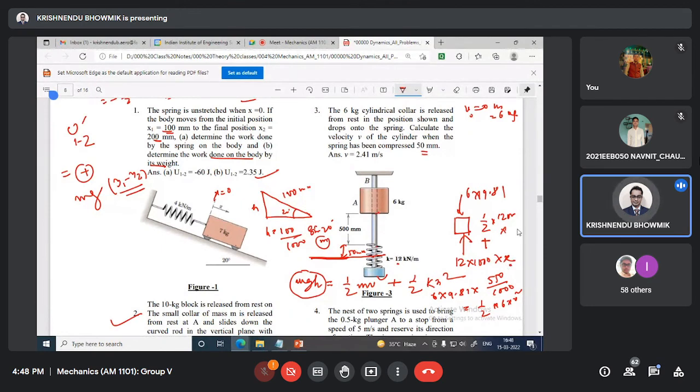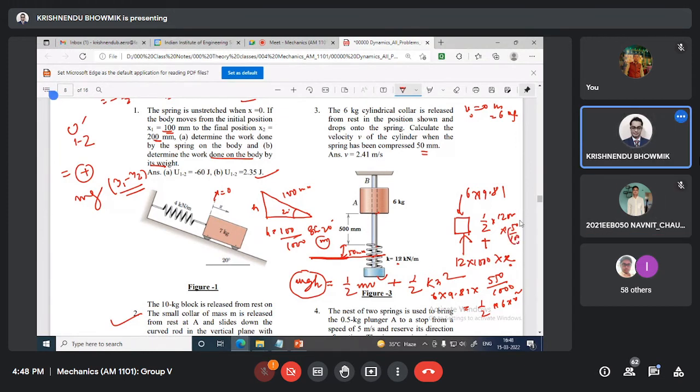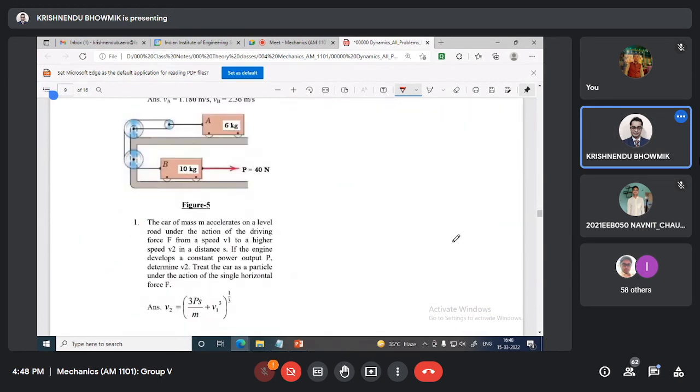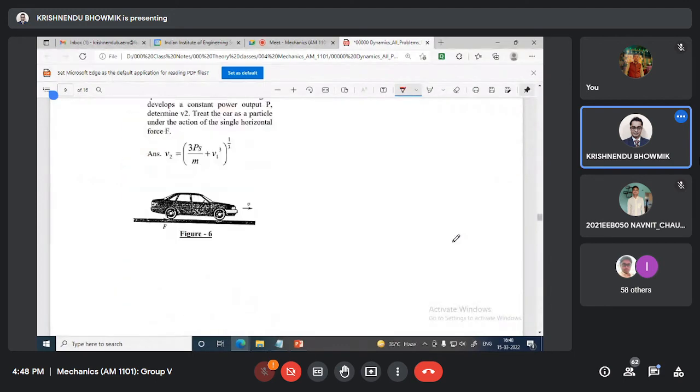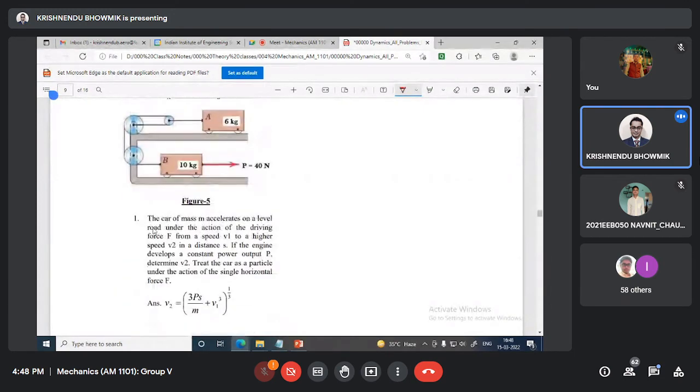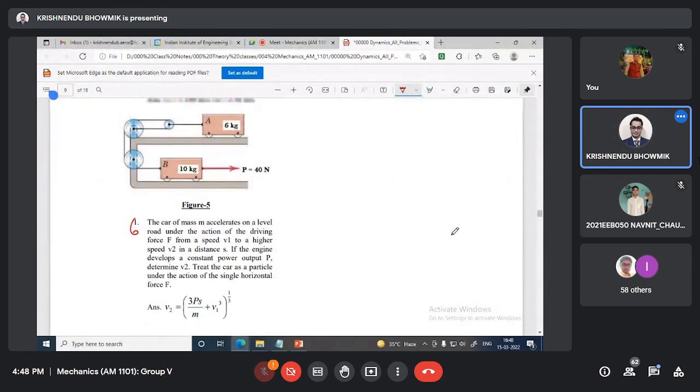What is the x value? 50 millimeter, so 50 by 1000 squared. Okay, you solve this, you will get the velocity 2.41 meter per second. How much? Oh, it is supposed to be 6.